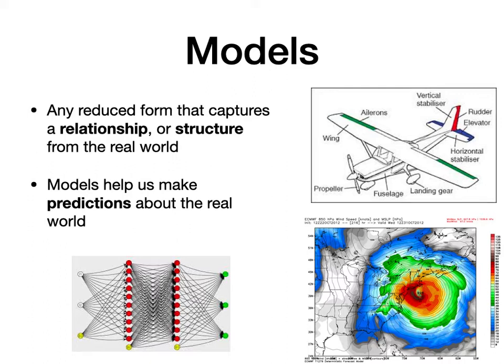Anytime you look at a weather radar, it's attempting to make predictions. It's attempting to capture all the crazy moving parts of how weather systems interact. But it's not the real world, right?